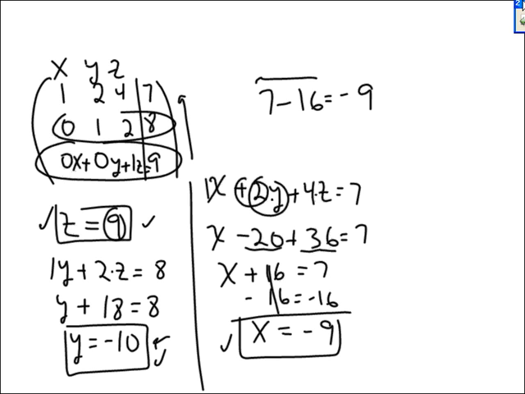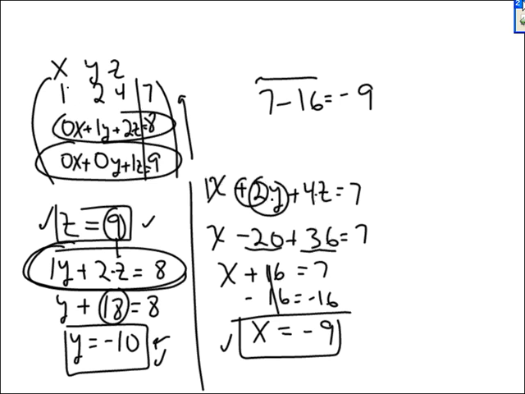So we have that. 0x plus 1y plus 2z is 8. Adding 0x won't do anything to it. Solve this equation knowing the fact that z is 9. 2 times 9 is 18.